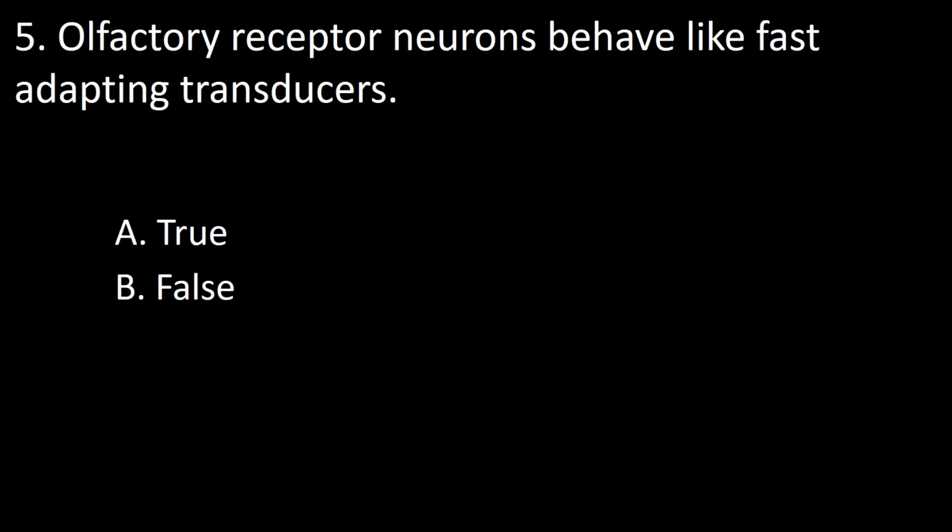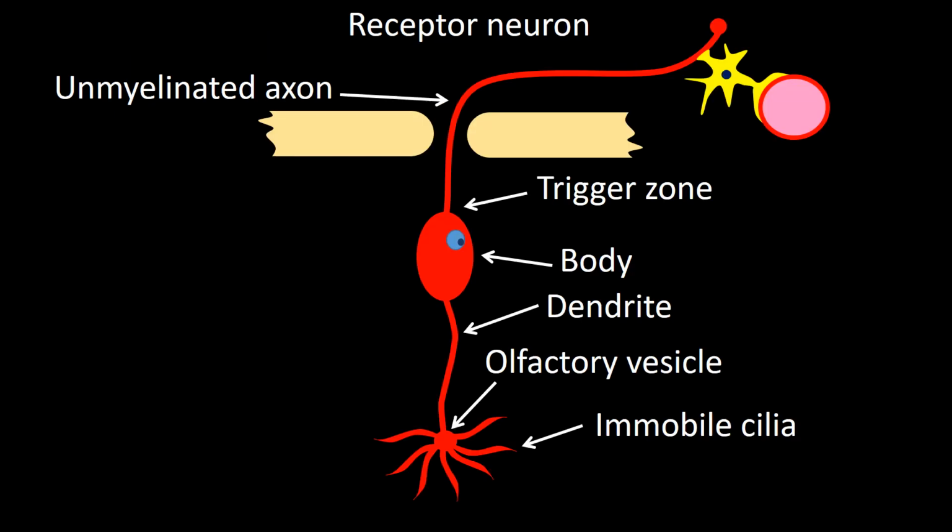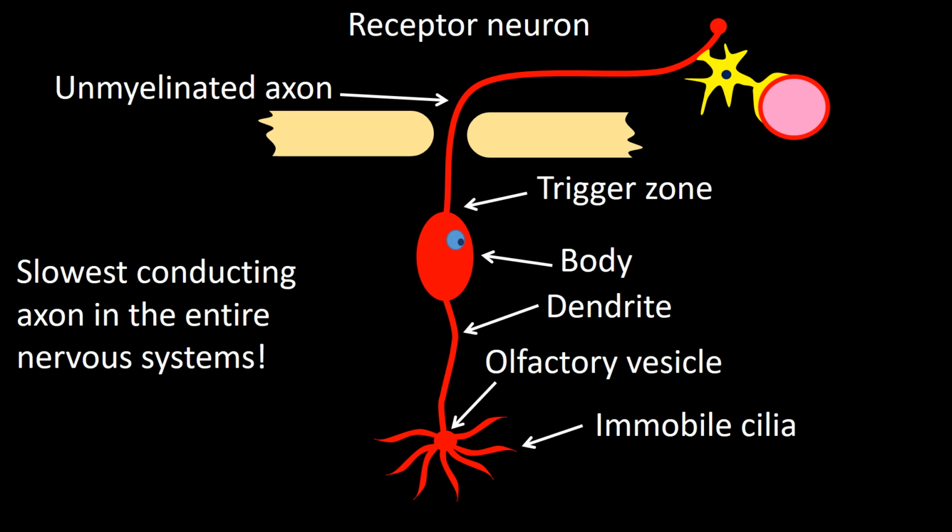Next question. Olfactory receptor neurons behave like fast adapting transducers. A true, B false. The olfactory neuron has the distinction of having the slowest conducting axons in the entire nervous system.